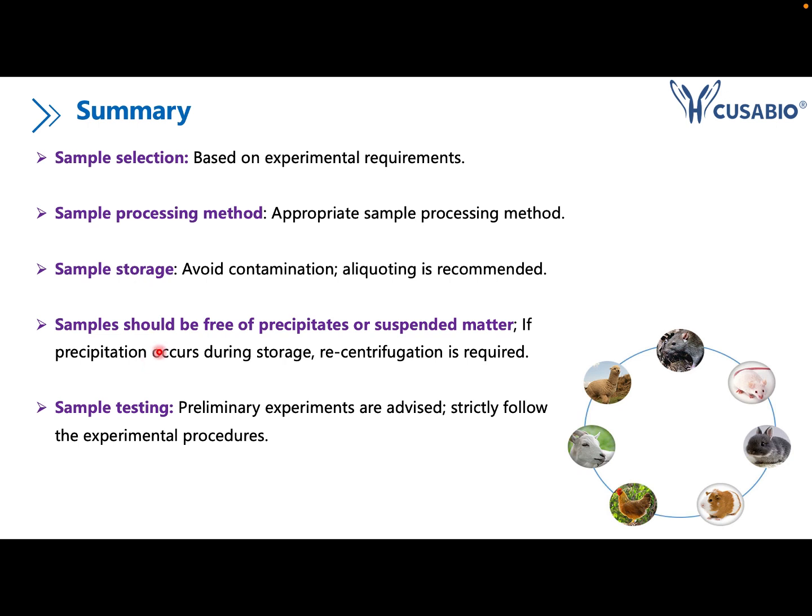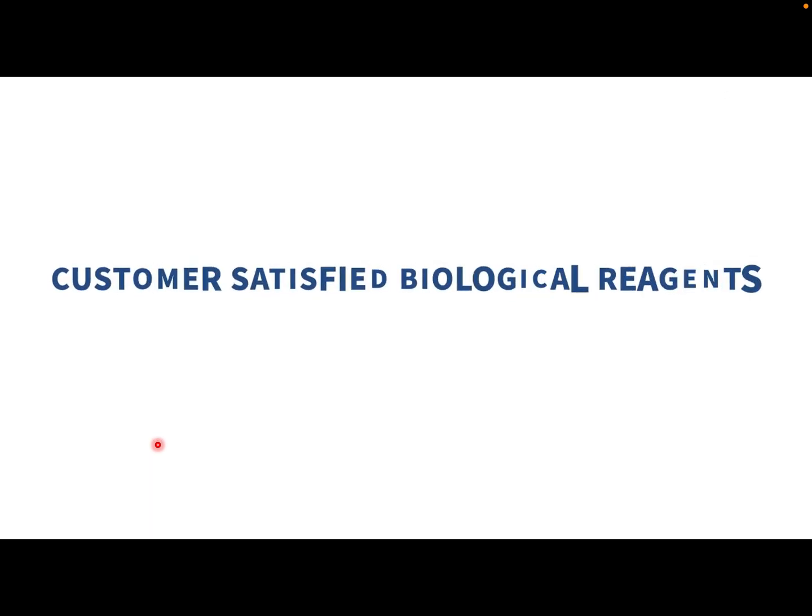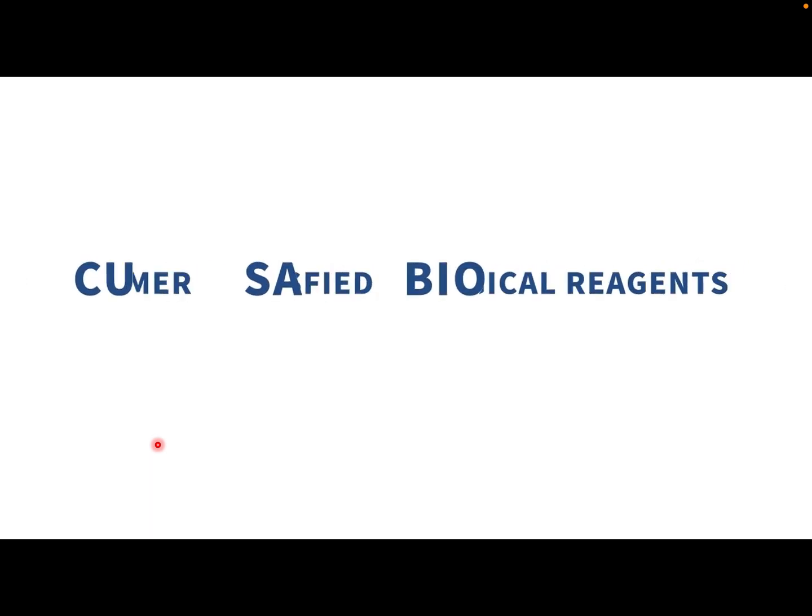We also talked about how, if we see a precipitate, we need to centrifuge first and then do the testing. We also saw the importance of the preliminary experiment, which is advised before you start a real one.